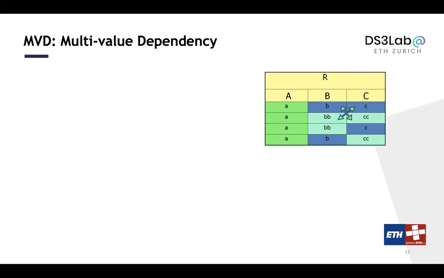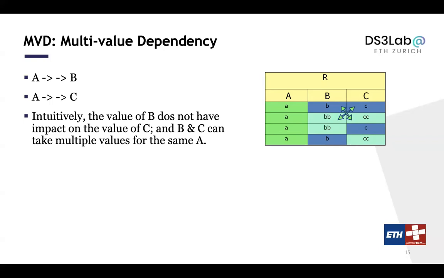If you have a relation like this, we say there's a multi-value dependency from A to B, and also a multi-value dependency from A to C. Now we can make this even more formal.